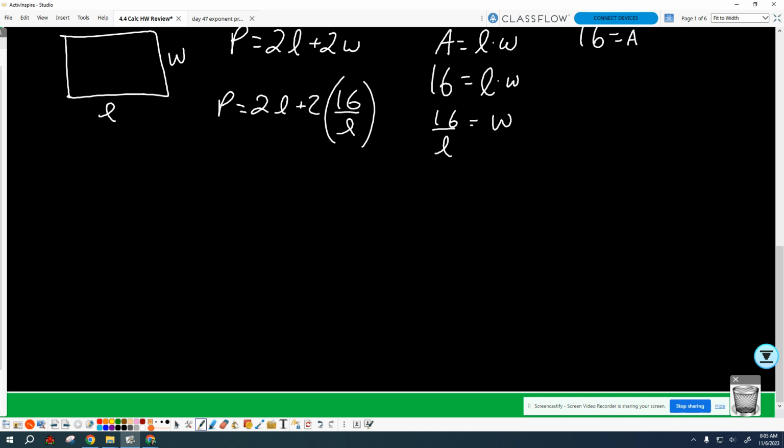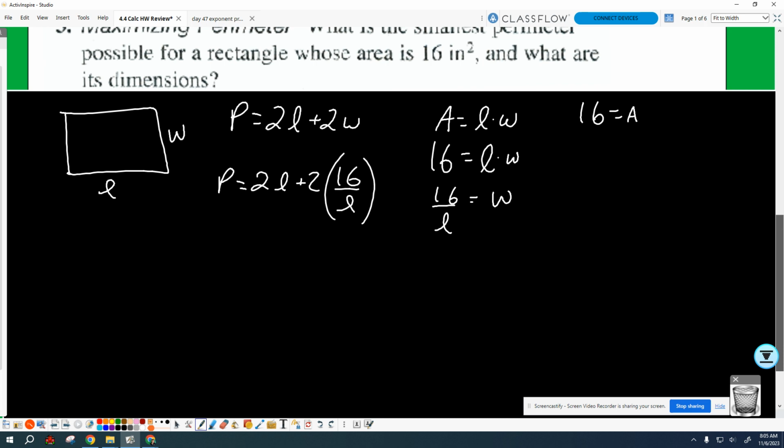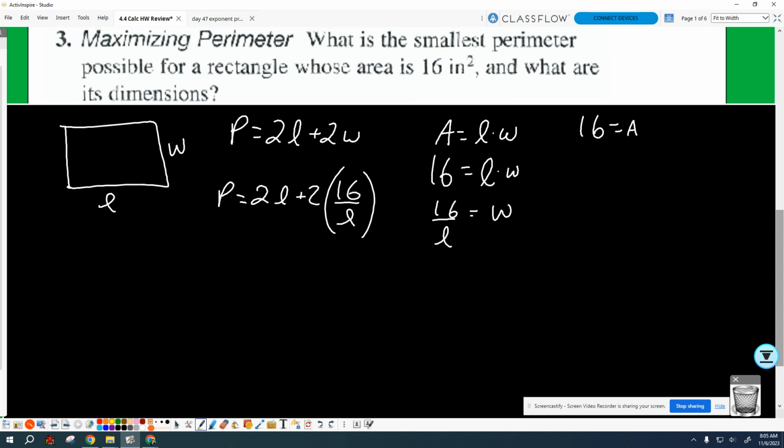Derivatives of perimeter or area. Okay, we want to minimize perimeter. Perimeter. Okay, what is it?